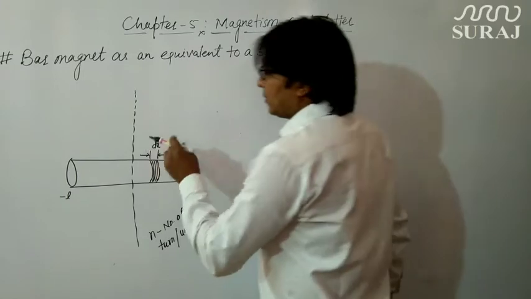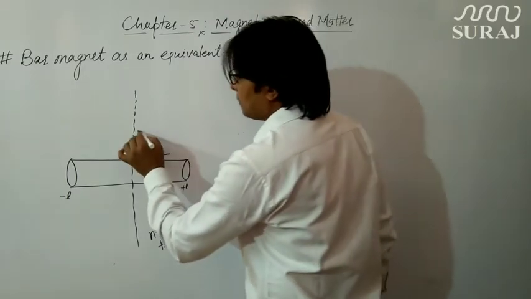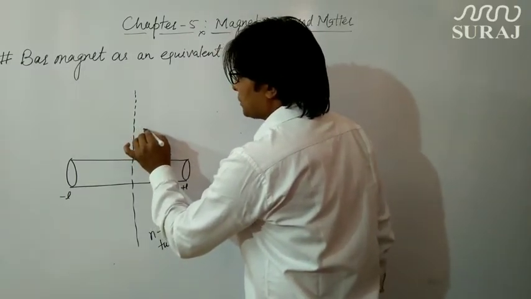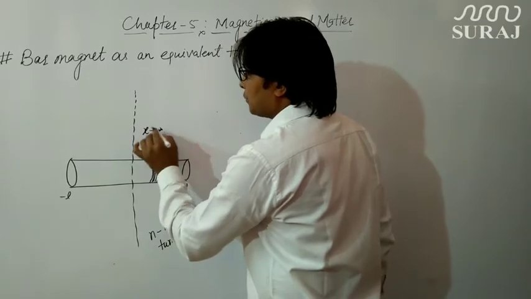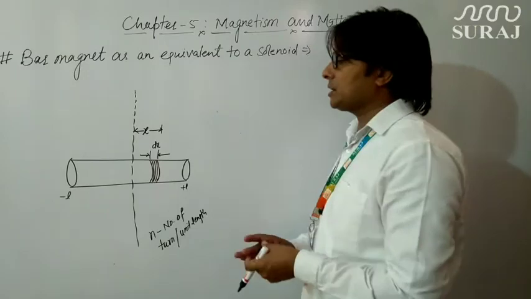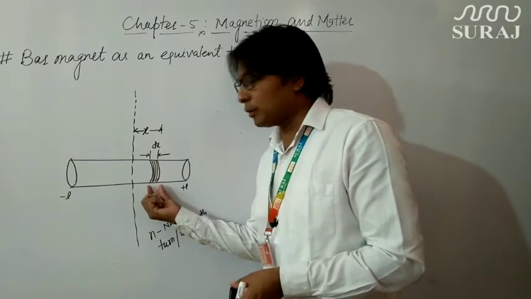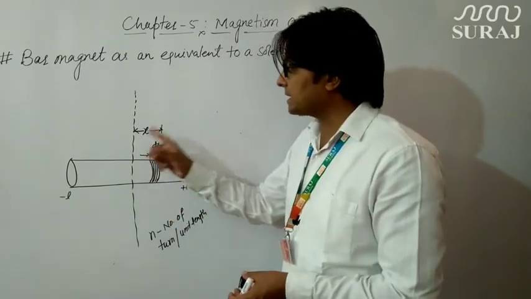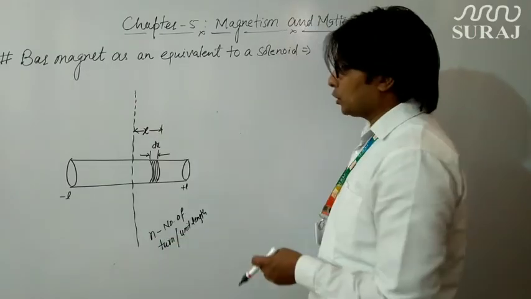Okay, now we have also assumed that the position of this differential length or this segment on the solenoid is x from the center of this solenoid.